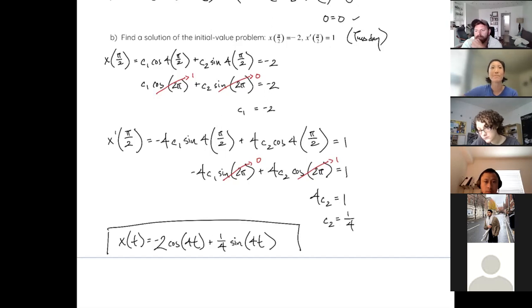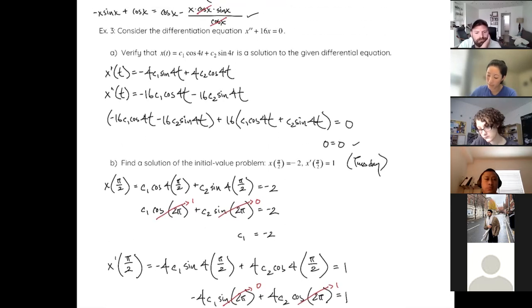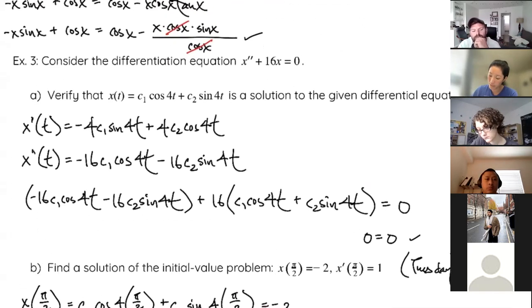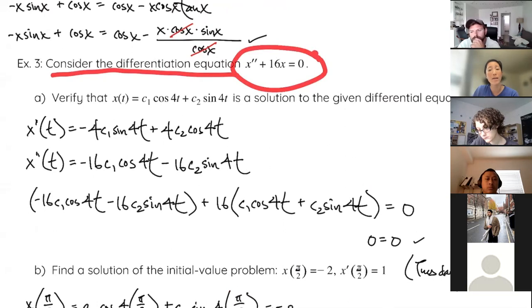I also had a question, and this is part of the discussion post when I was researching, just trying to get a better grasp. So for having a second order differential equation, you need two initial conditions. Is that just to find the constants? It is, because if we look at example 3, it says, consider the differential equation, and we're given x double prime plus 16x equals 0.